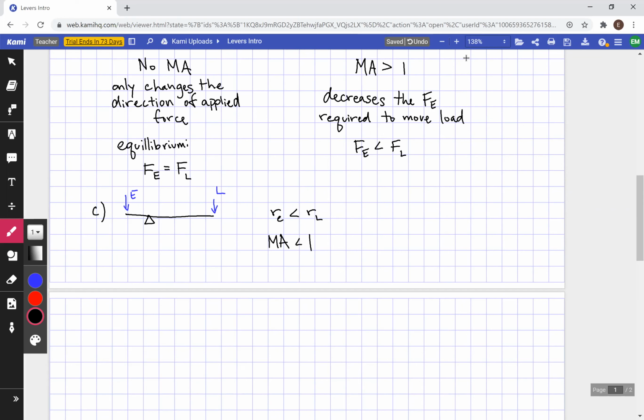And so it's going to require an effort force that is greater than the load force. And it increases the distance traveled by the load.